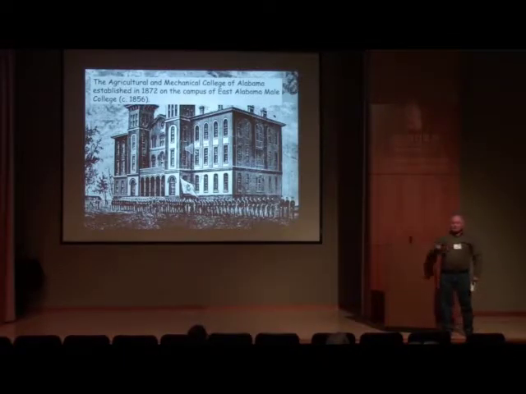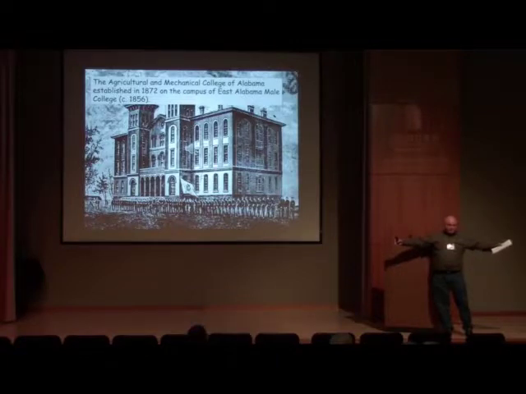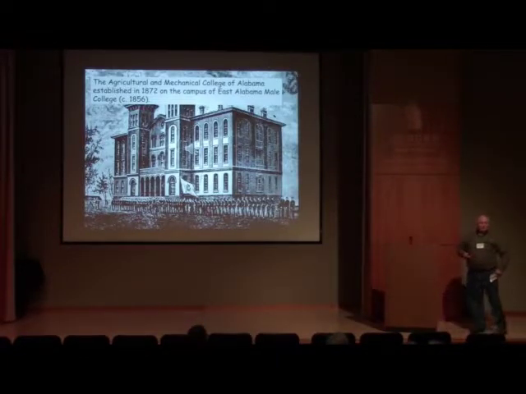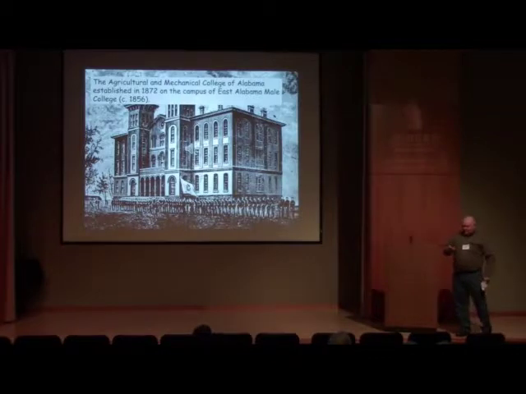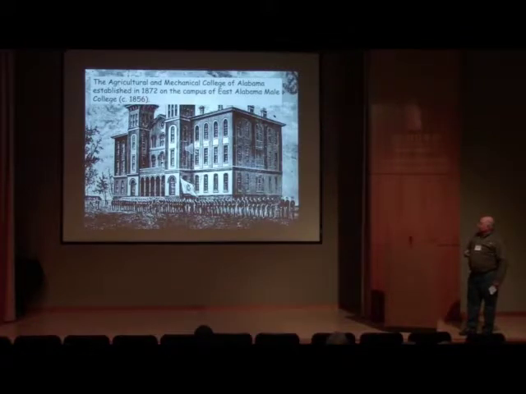And since everyone traveled by train, they had to get students from all over the state to this college, and they couldn't get to Greensboro. So I think that, more than any other reason, is why Auburn became the site of the land-grant institution called the Agricultural and Mechanical College of Alabama.